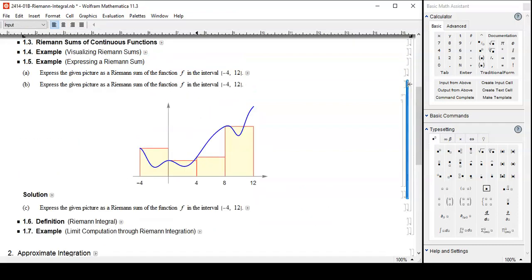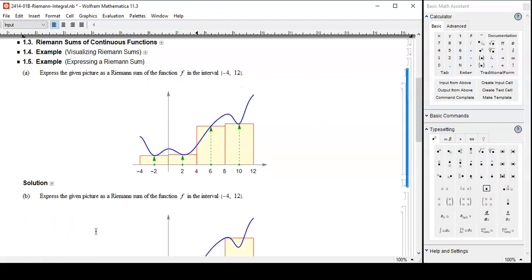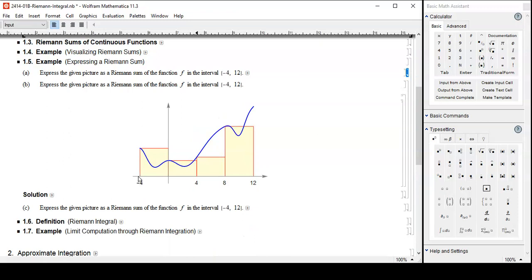Okay, next. Instead of midpoint approximation, we have left-hand side approximation. Left-hand side endpoint, left-hand side endpoint, left-hand side endpoint, left-hand side endpoint. Can you do this on your own? Well, widths are all four, the same as before. And then instead of midpoints, f of -2, f of 2, f of 6, f of 10, we get left-hand side points.